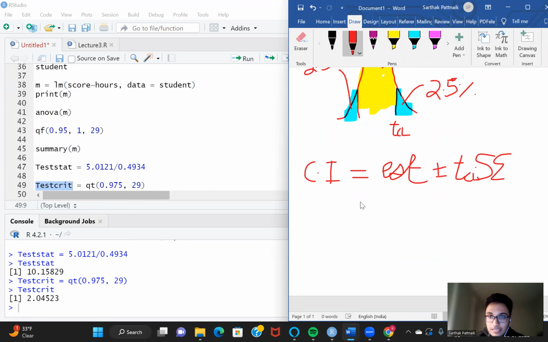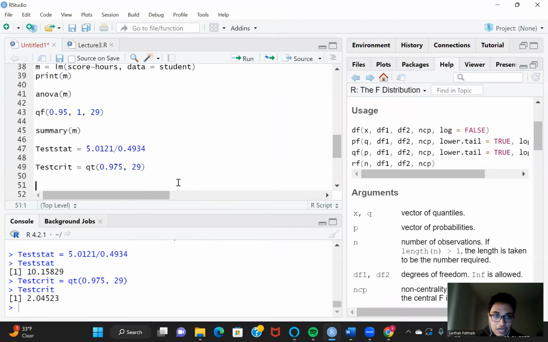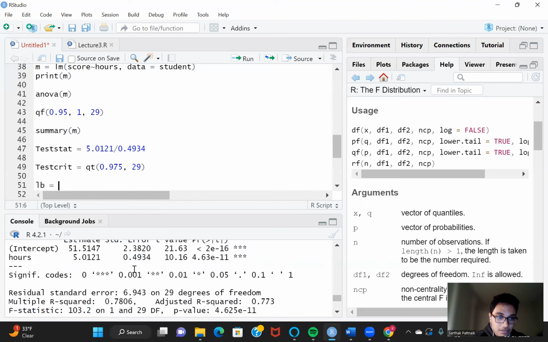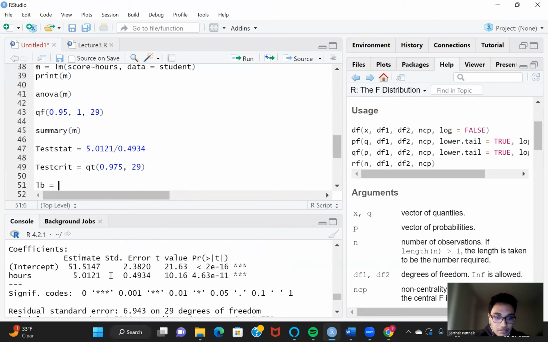If you replace the values here, you can calculate the lower bound and the upper bound. Your estimate for beta 1 is 5.0121. You subtract that with your critical t value, which is nothing but test crit, into your standard error for beta 1, which is 0.4934.